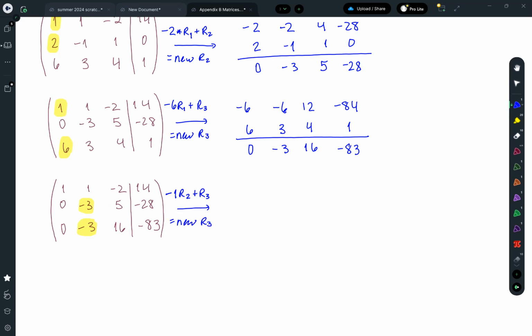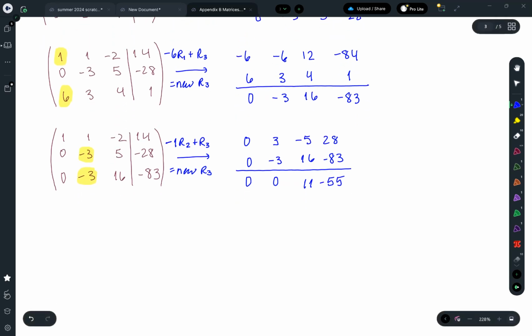So the coefficients of row 2, when I send a -1 through it, will be 0, 3, -5, 28. The components of row 3 are 0, -3, 16, and -83. When I add my components, I get 0, 0, 11, and -55.